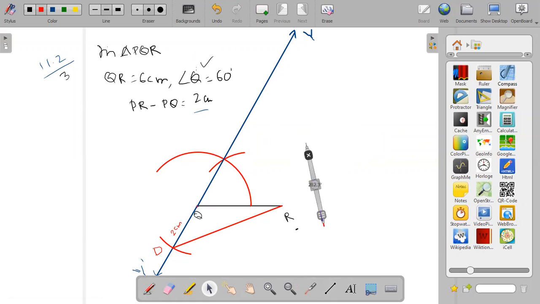So we have to keep it somewhat small, but it should be more than half, otherwise the arcs will not intersect each other.